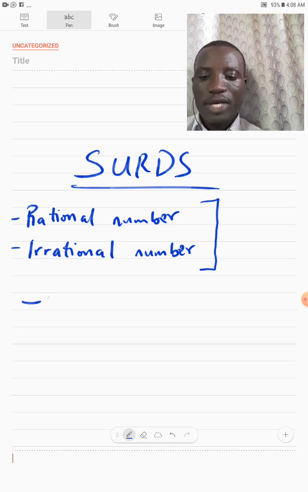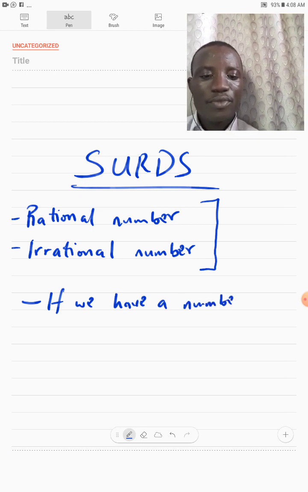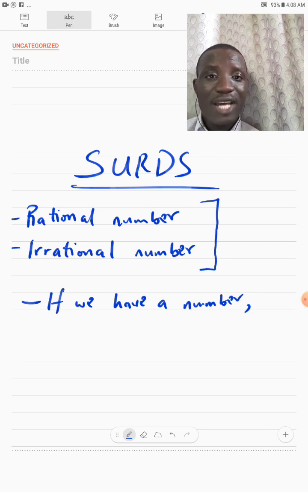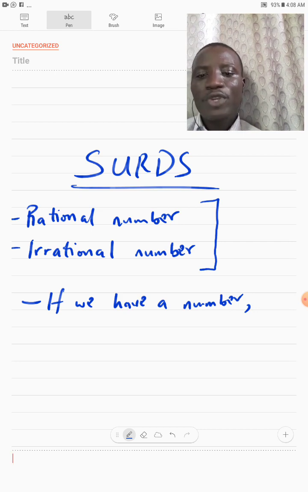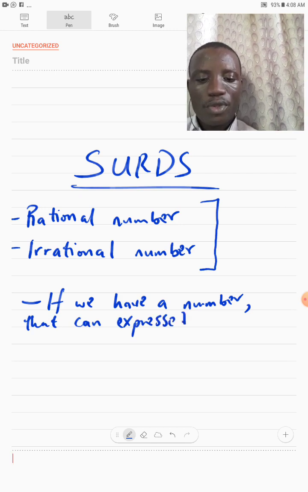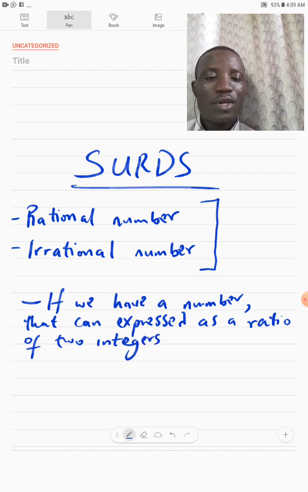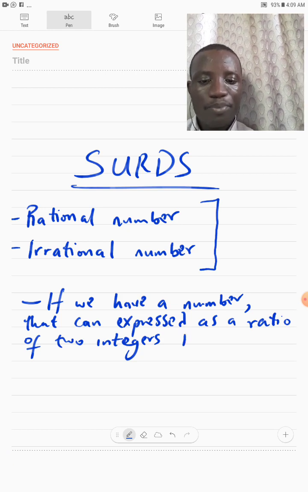If we have a number that we can express as a ratio of two integers, okay, let's call the integers, let's say, p over q.